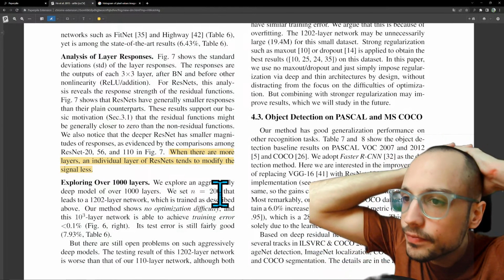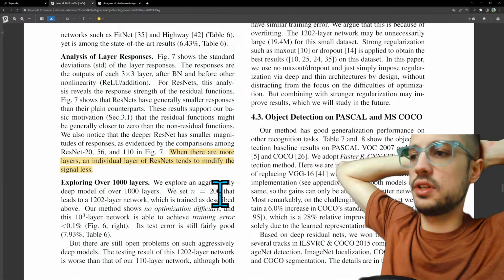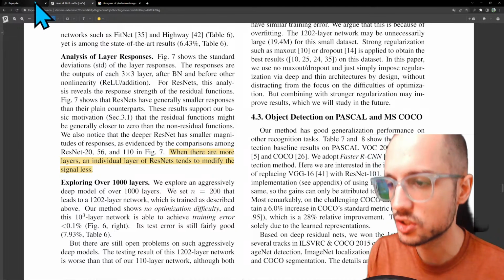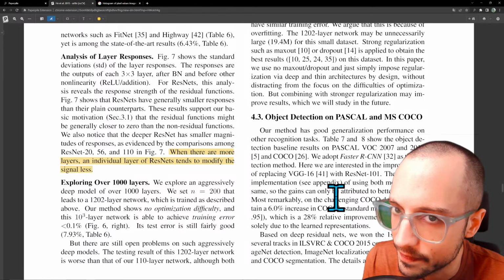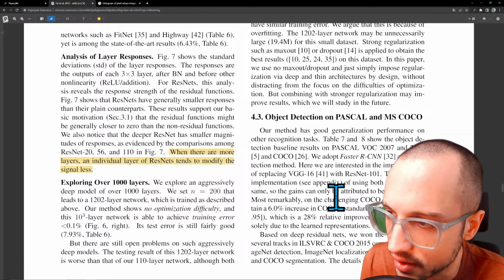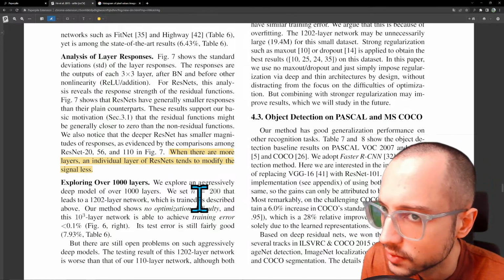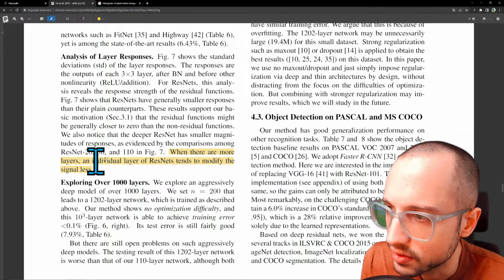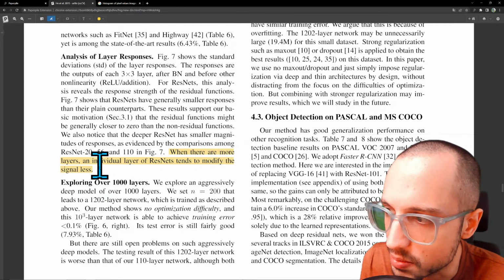In deeper neural nets, it's not that each layer is doing more things. It's actually the deeper you make it, the less each layer is doing. We could spend a whole week just thinking about what this means.